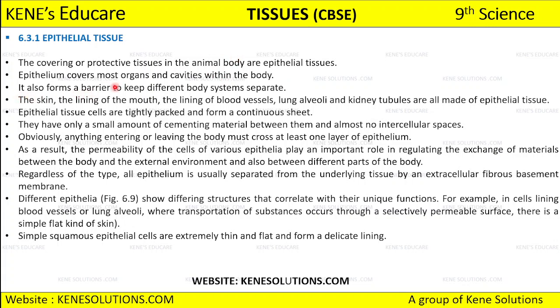It also forms a barrier to keep different body systems separate. What does epithelium do? It also acts as a barrier itself. Because it is a barrier, it is going to keep the different body systems separate. Now we have our circulatory system which is operating in our body.